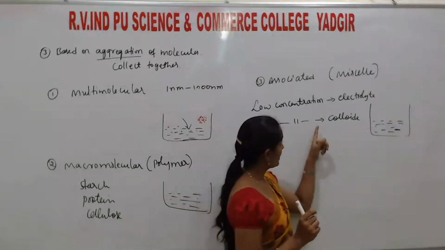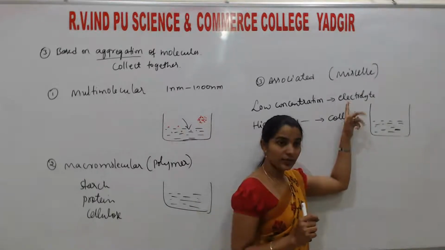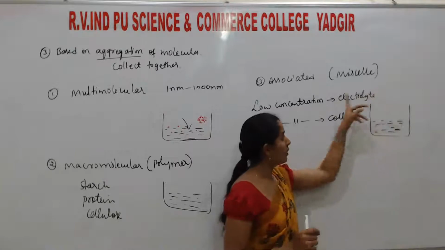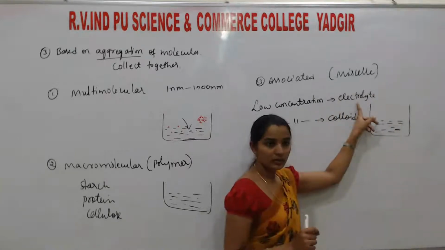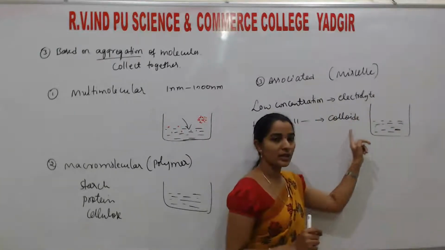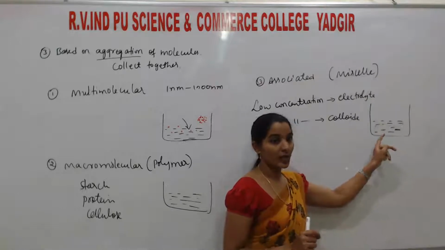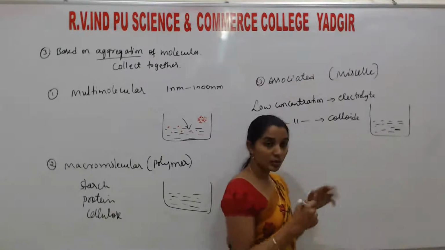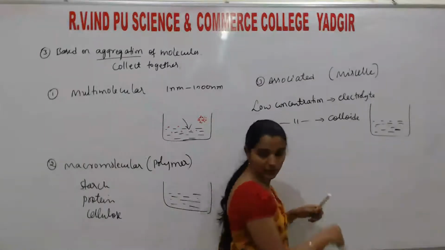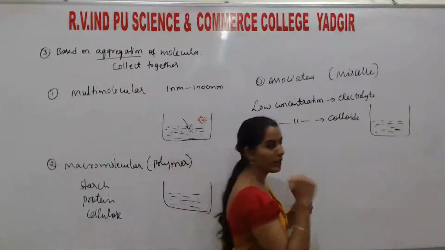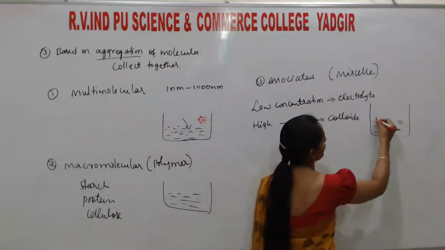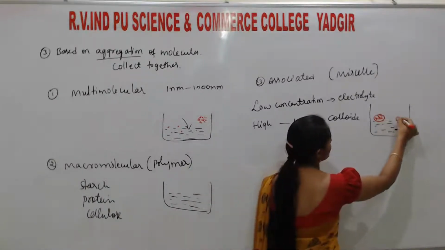Understand? So if the concentration of the electrolyte, of any solute, is low, then it acts as an electrolyte. Plus ions are there, minus ions are there. If the concentration of those ions increases, then they associate with each other. For example, one NaCl salt forms one Na plus ion and one Cl minus ion.